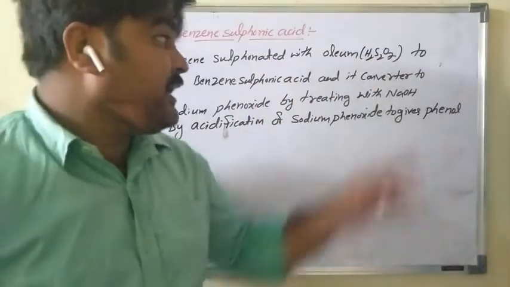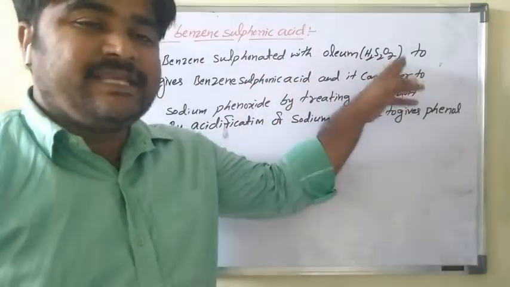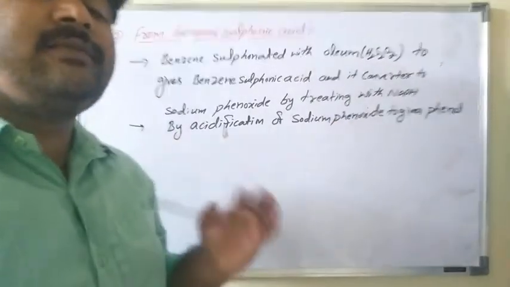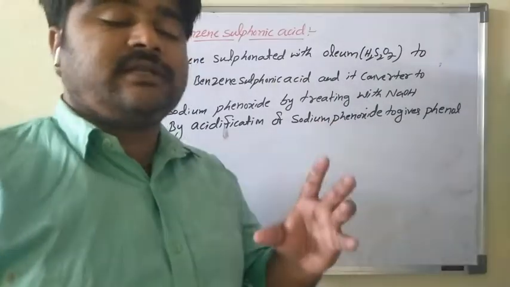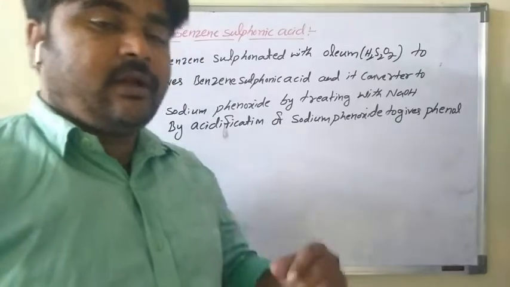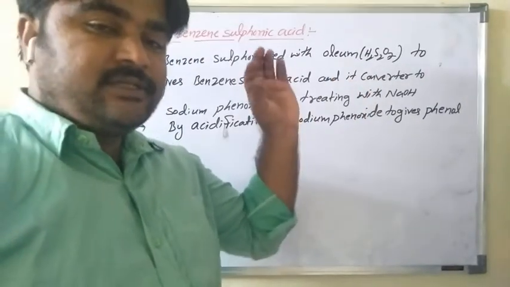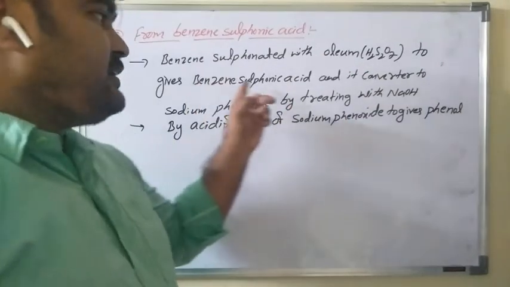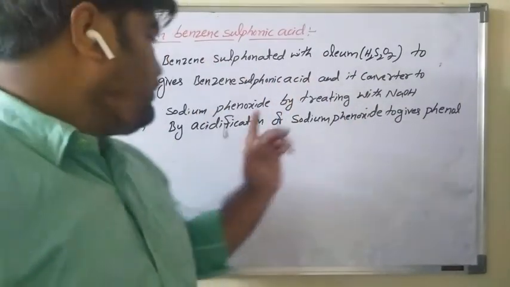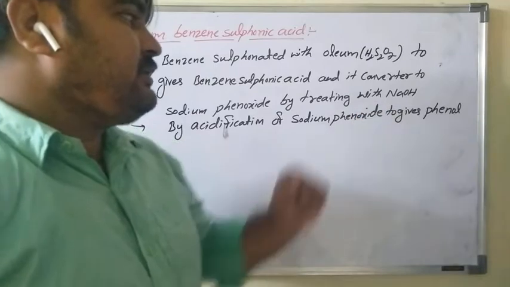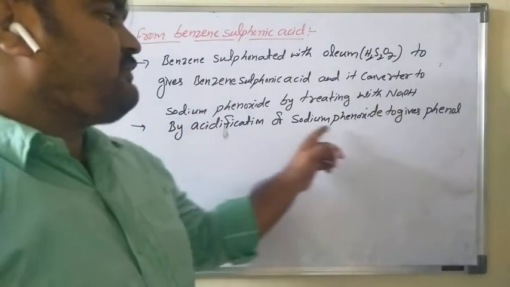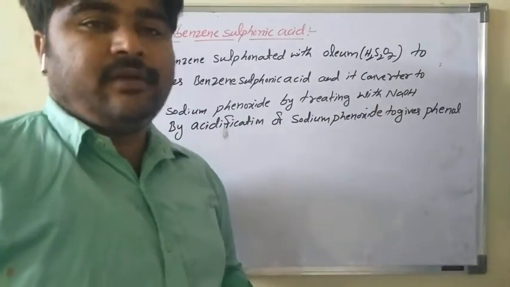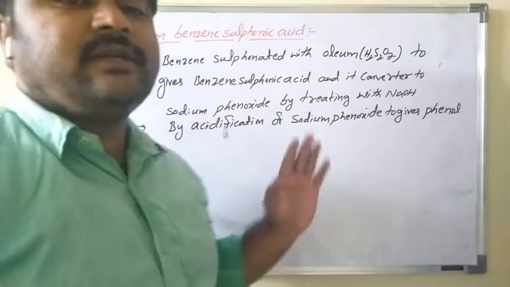Oleum formula H2S2O7, concentrated sulfuric acid plus sulfur trioxide. A mixture of concentrated sulfuric acid and SO3 is called oleum. So benzene is heated and sulfonated with oleum to give benzene sulfonic acid, and it is converted to sodium phenoxide by treating with sodium hydroxide. By acidification of sodium phenoxide, it gives phenol.